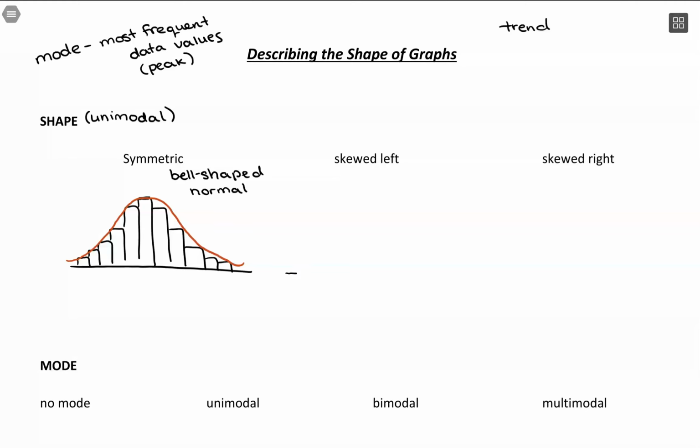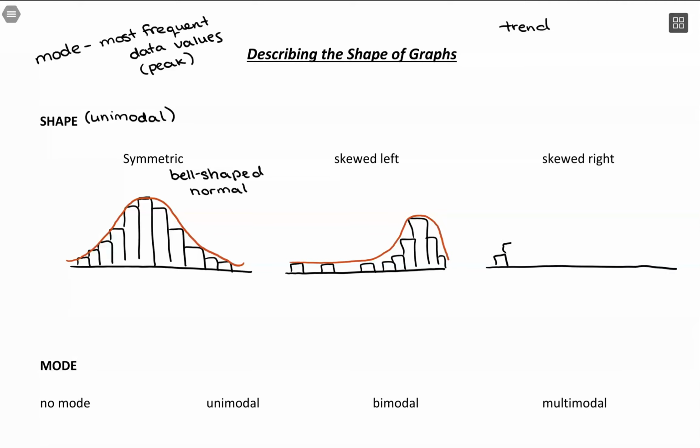Skewed left will look like we have this tail of data over here, and then the bulk of the data over on this right-hand side. If we look at the general trend, we have some of that bell-shaped curve, but there ends up being this tail to the left-hand side, and that would be skewed left. Then skewed right is a similar idea.